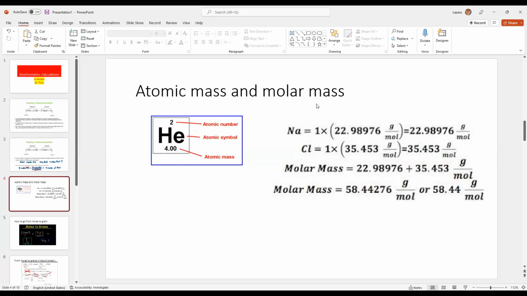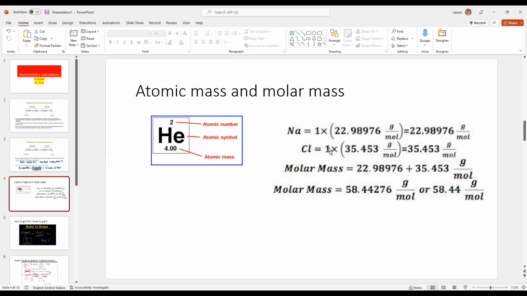But when you have a compound like sodium chloride, you have to see that 1 mole of sodium is 22.98976 grams per mole. So you have here the mass of one atom of sodium, and here you have the mass of one atom of chlorine. These numbers are from the periodic table, remember? And then you multiply by the number of atoms of each.